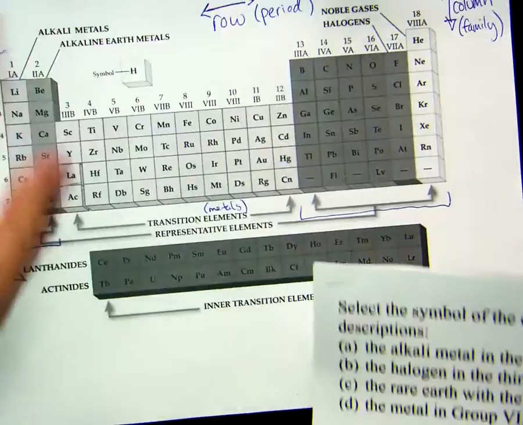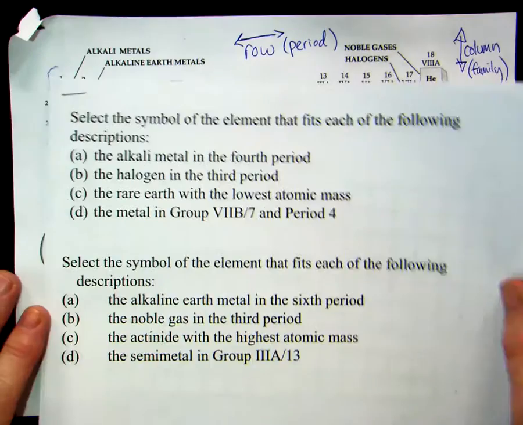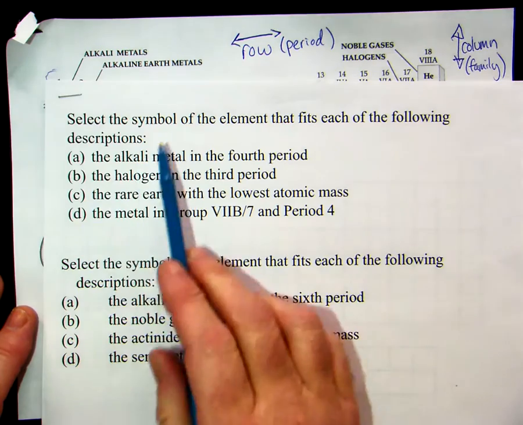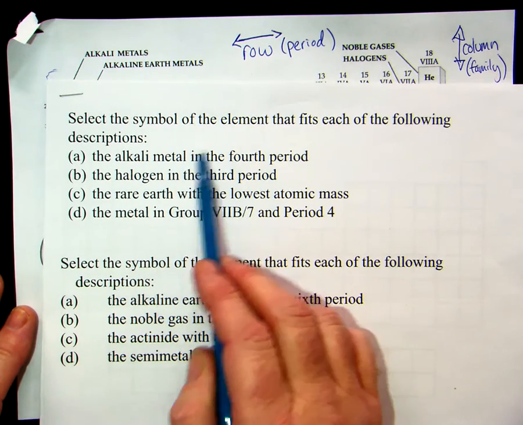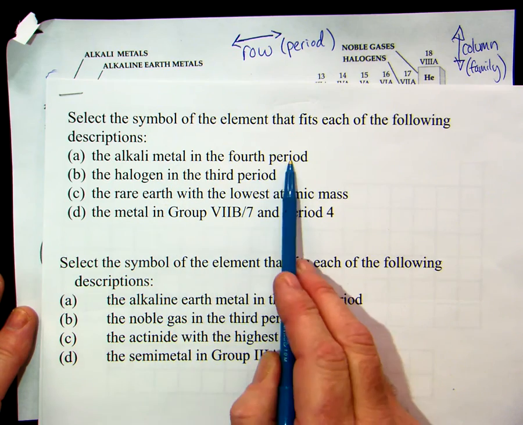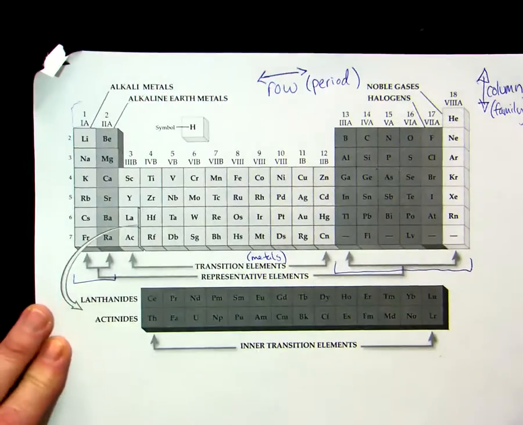All right, so just a little bit of a test to see kind of what the questions might be like that I would ask. Could you answer these? Select the symbol of the element that fits the following descriptions. The alkali metal in the fourth period. So you need to know what alkali metal and fourth period mean.